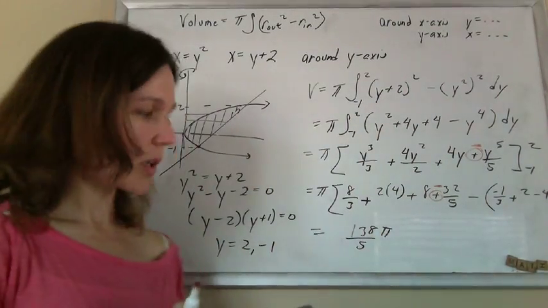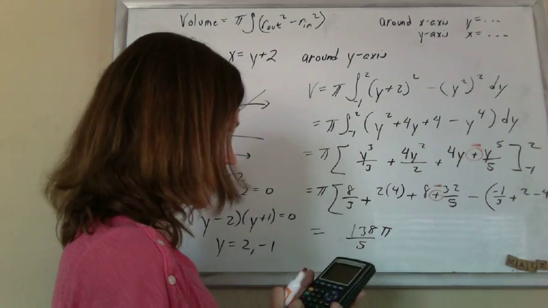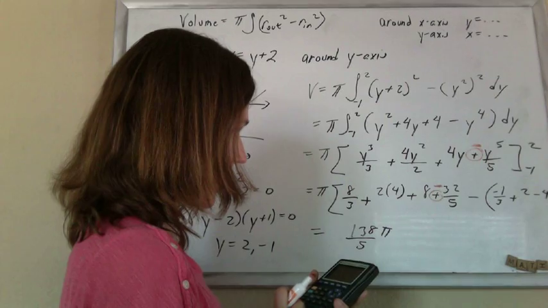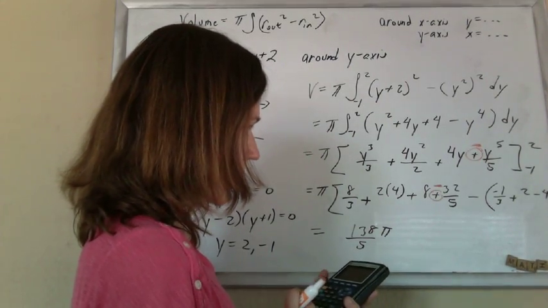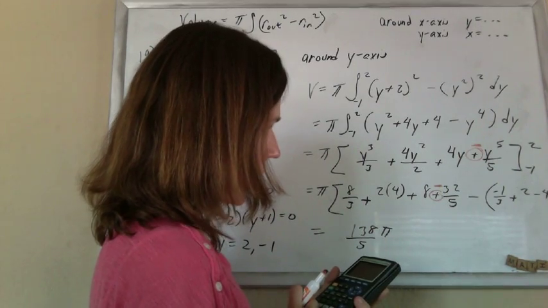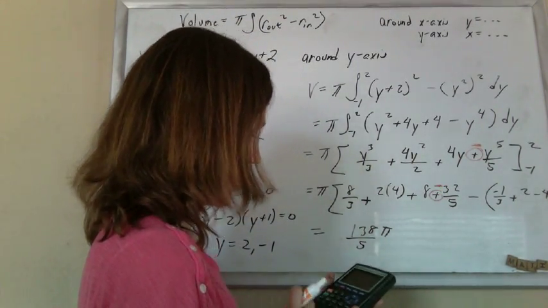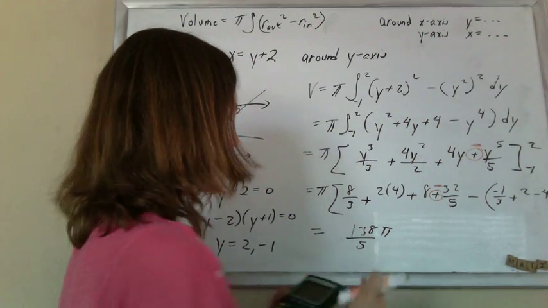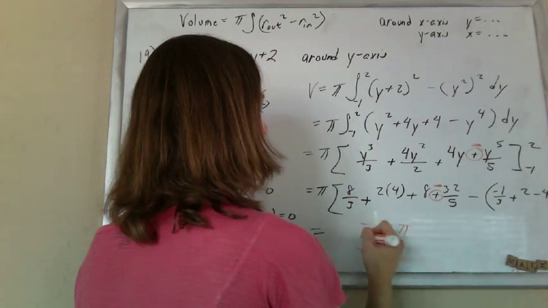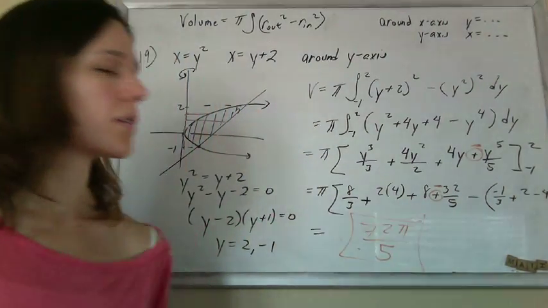And so now when I plug it in, I get 8 thirds plus 8 plus 8 minus 32 fifths plus 1/3 minus 2 plus 4 and then minus 1/5 and then math, enter, 72 pi over 5. Heck yeah. 72 pi over 5. We got it. Cool.